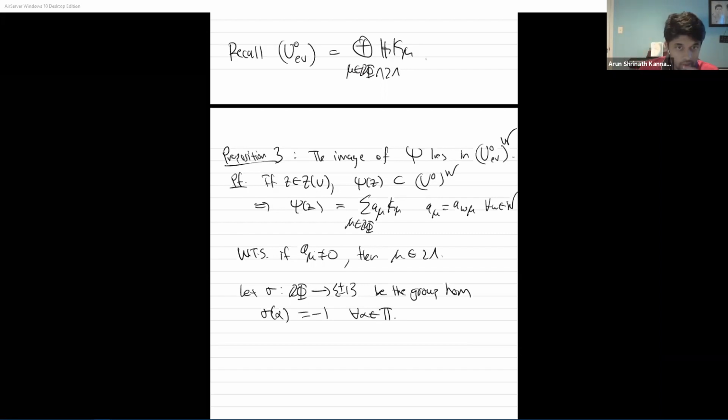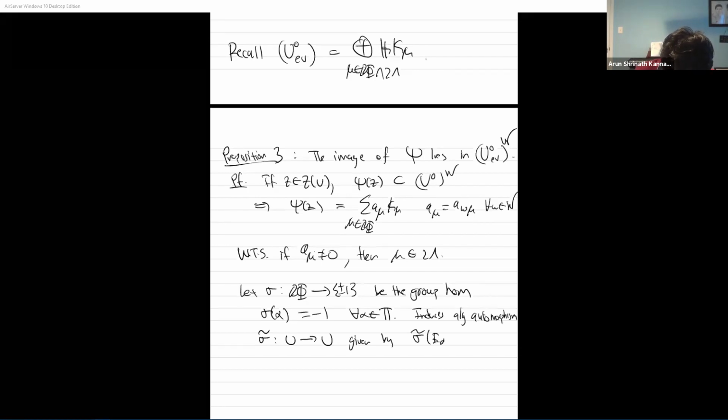Okay, and so since we have this group homomorphism, you may remember from last time that sigma induces an algebra automorphism from U to U, sigma twiddle, given by, it's just going to scale the generators in an appropriate way.